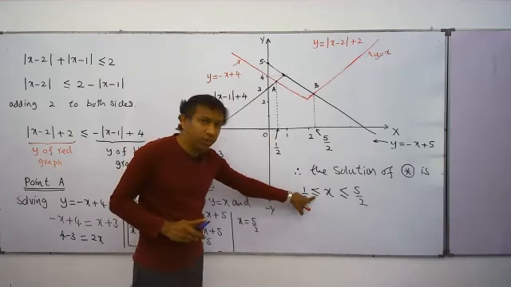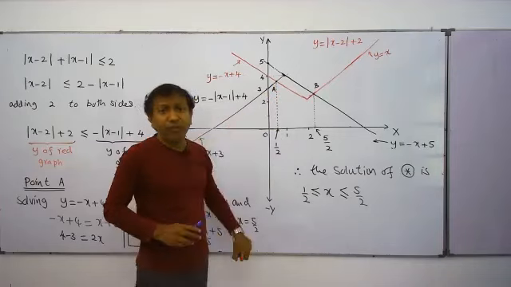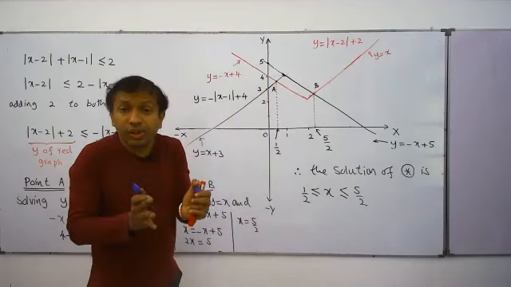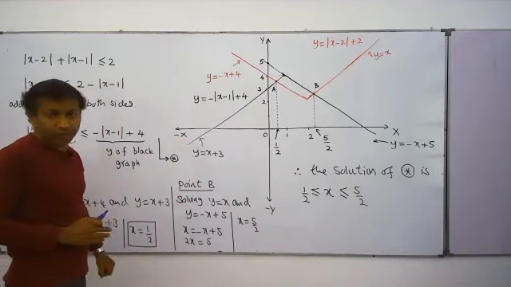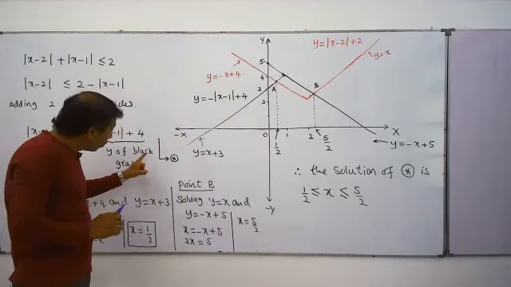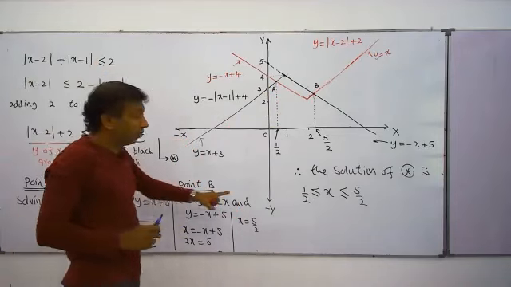Here equal sign also we have to consider. Why, people? At x equals half, the y of red and y of black become equal. Why should we consider that equality? Because here equal sign available. The solution of this is only the solution of this. Hence the solution of this is, people, this.